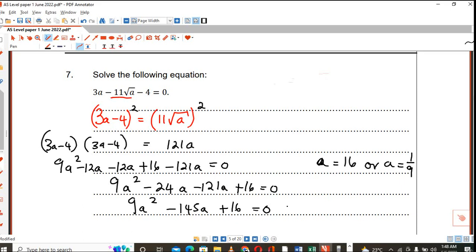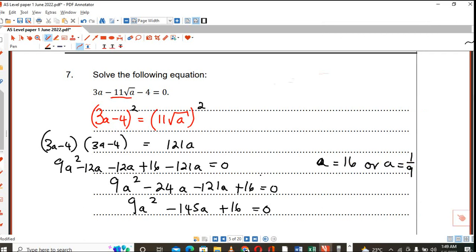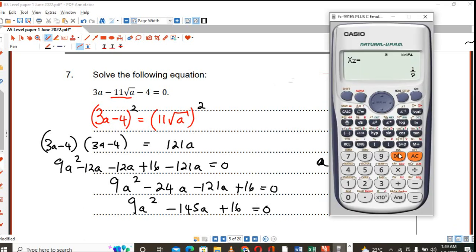All right, a equals to 16. Just want to make sure, a equals to 16 or 1 over 9. Right, but 1 over 9, well, 1 over 9 most probably won't work. Okay, so let us just check our answer to see if it works again.